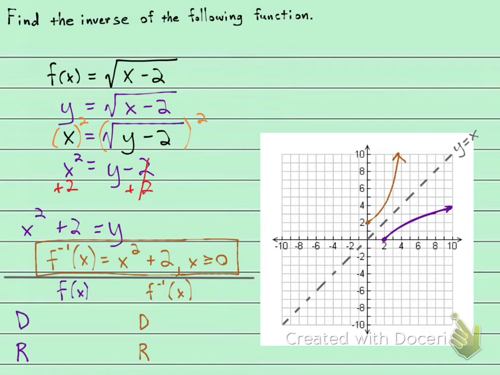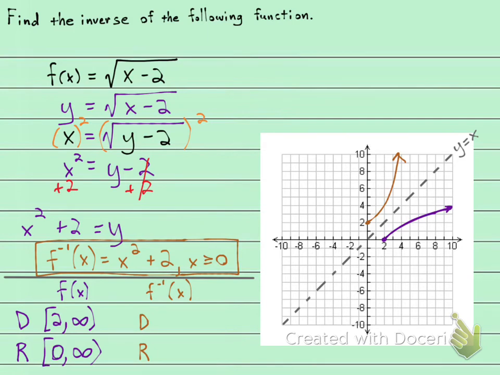So our domain is 2 to infinity, bracket, parenthesis. Our range is how high up and down it goes. It starts here at 0 and will rise forever. So this is 0 to infinity, and 0 is included, bracket.